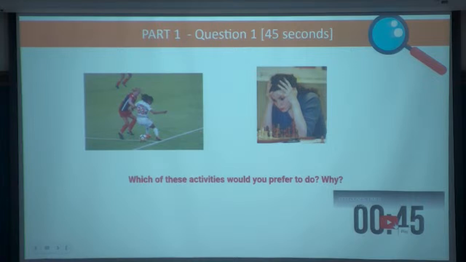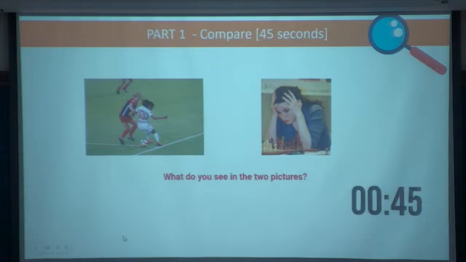Did you manage to finish this? Did you manage to compare the two photos first?